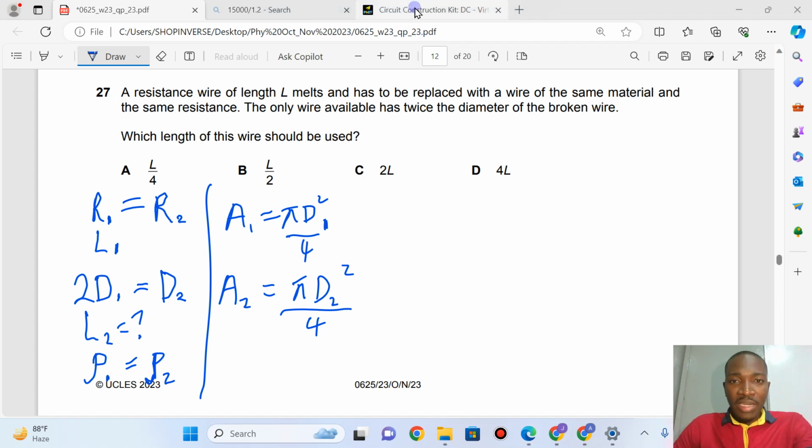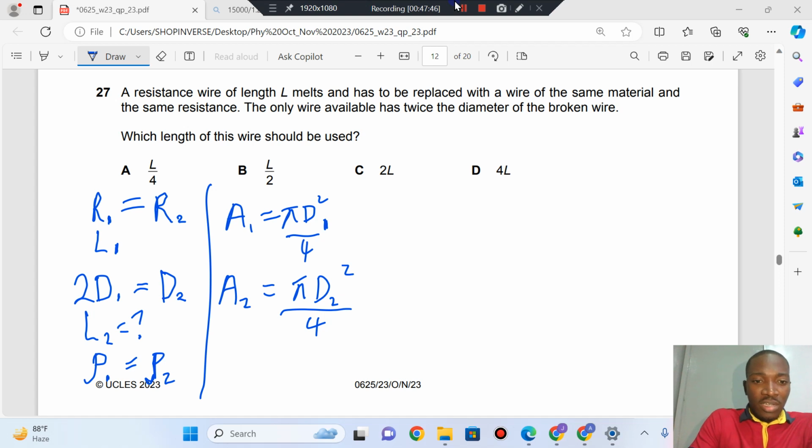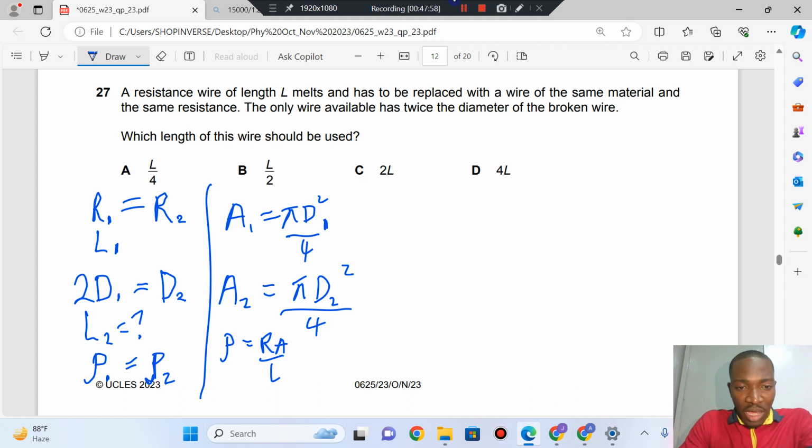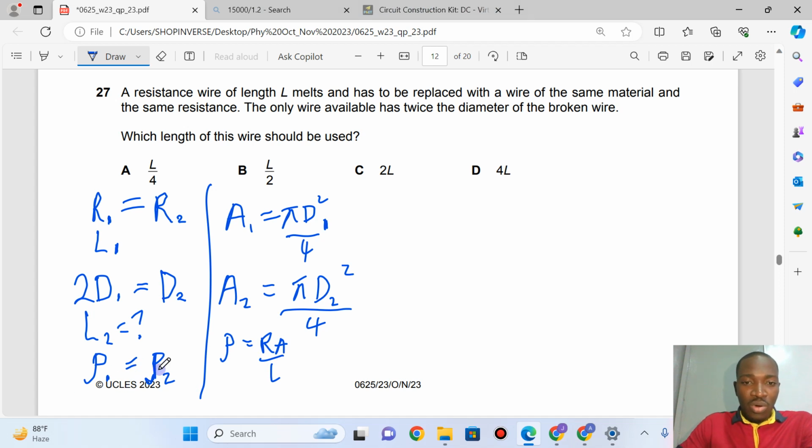Now we have to bring in the formula for calculating resistivity. Resistivity is resistance multiplied by area divided by length, Ra over L, so we have to bring this formula into this expression since the resistivities of the two materials are equal.